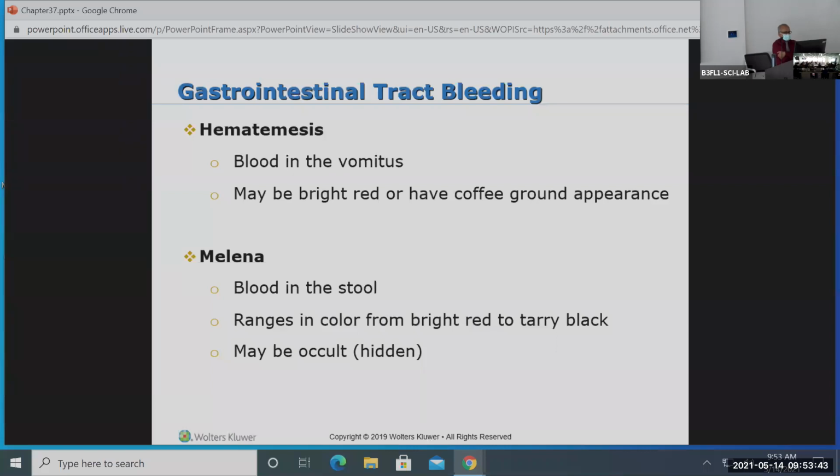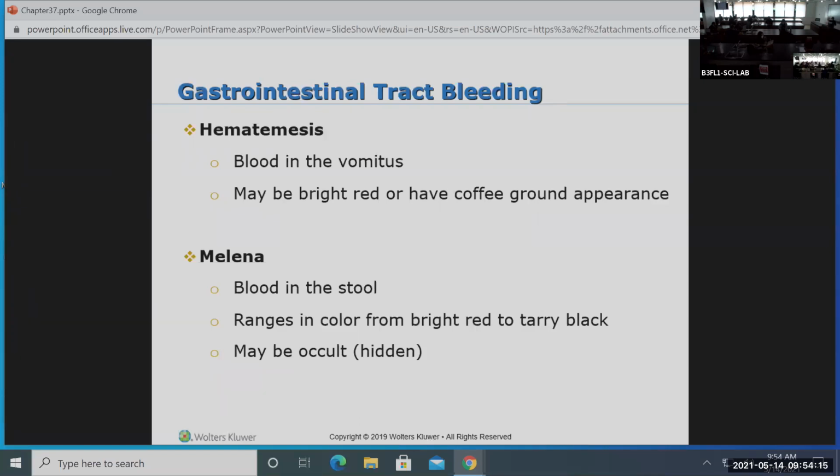Now in the gastrointestinal tract, blood coming outside from my mouth, we call hematemesis. Hematemesis, I noticed something, a blood stain in my vomit. That is hematemesis. Something is coming through my stool. That is melena.